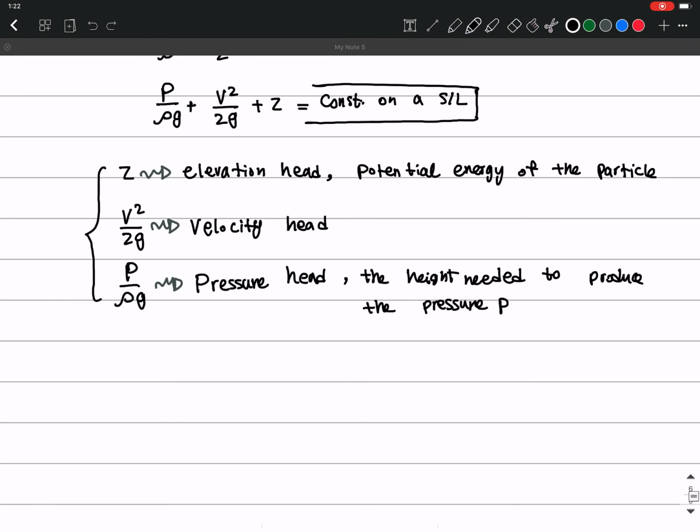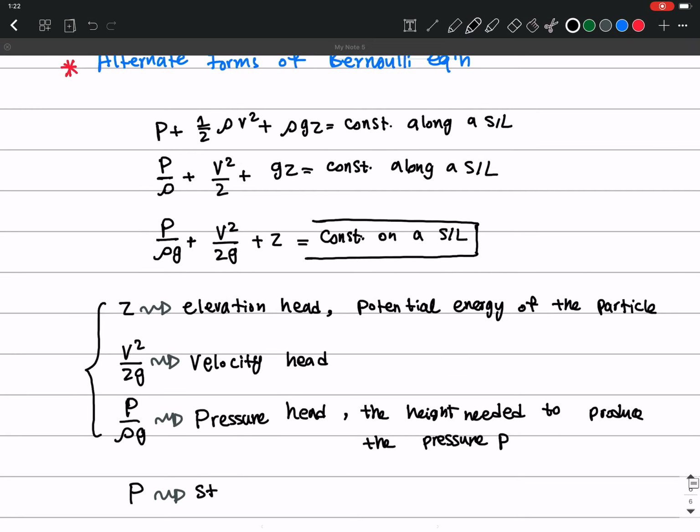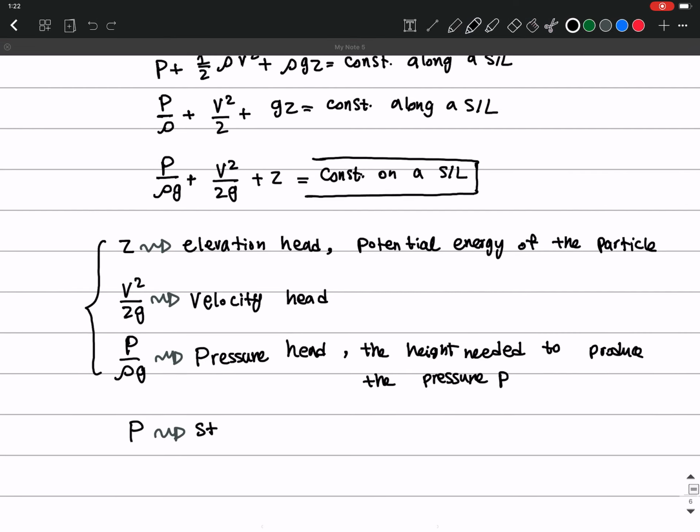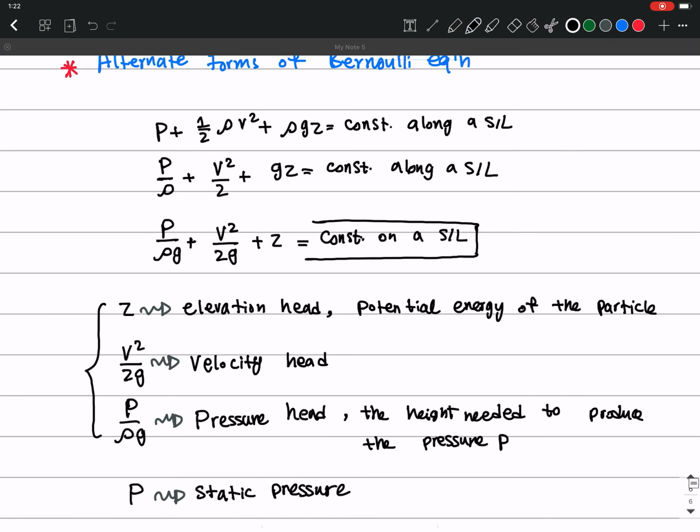Also, another way of intuition is static pressure. If you look at this equation, P is static pressure. This equation is for head. All of them are heads.